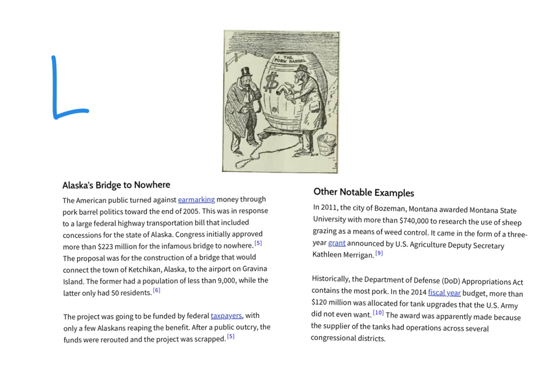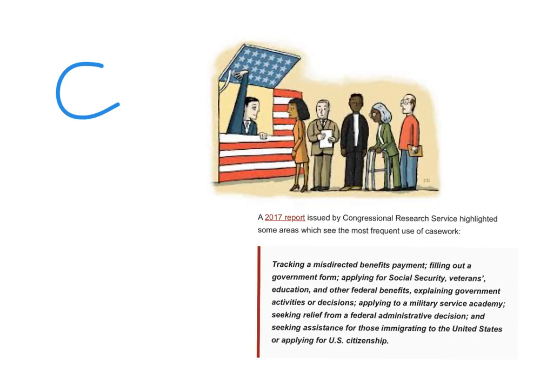So what we can see here is members of Congress outlining funding for upgraded tanks for the US Army, not because it's good for the US Army and it's what the Army wants, but it's good for the district to put money and jobs into the area so that a representative can go back at election time, particularly in the House when you're up for re-election every 2 years, and say, look what I have done for this region, for this area.